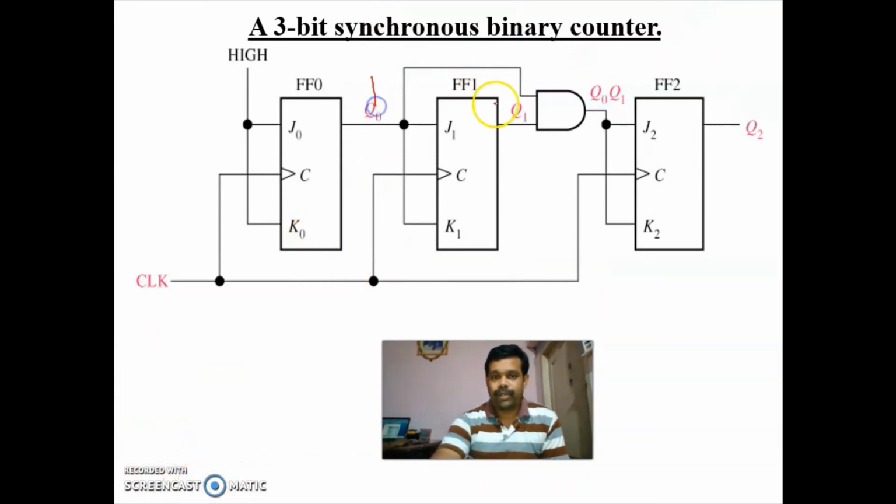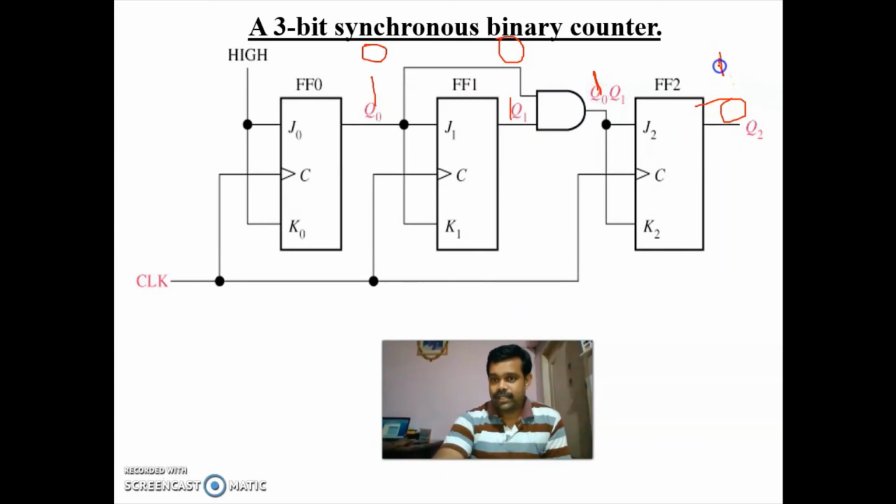Now next, this is the output you are having: 1 1 0. During the next clock pulse, this 1 will change to 0. At that time you are having 1 here. So the output of this will change to 0. But at that time the input to this AND gate is 1 1, so the output is 1.